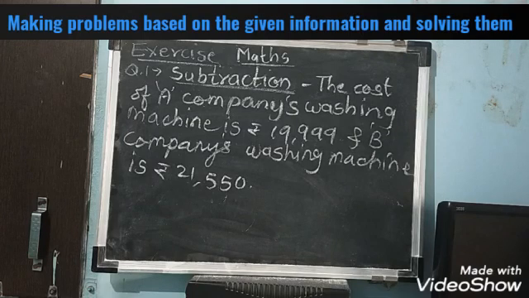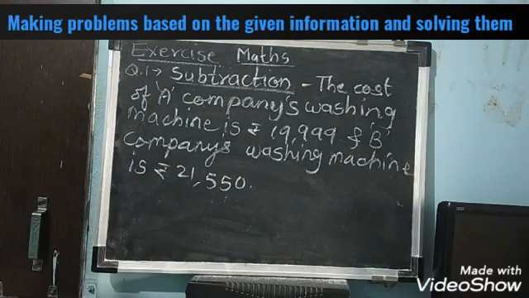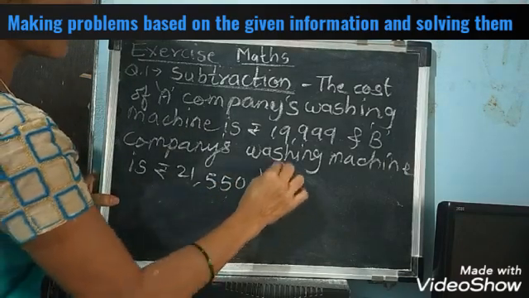And for subtraction we have to use left, remain, how much more, how much less, how many more, how many less, and still to be. Like these words we have to use for a subtraction example. So how to frame the question now? See, listen carefully. Which company's washing machine is more costly and by how much?